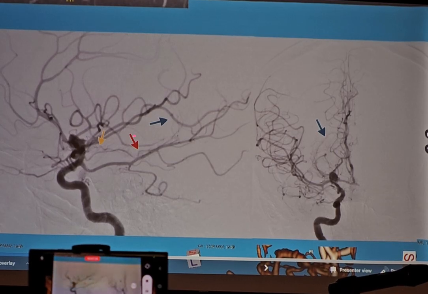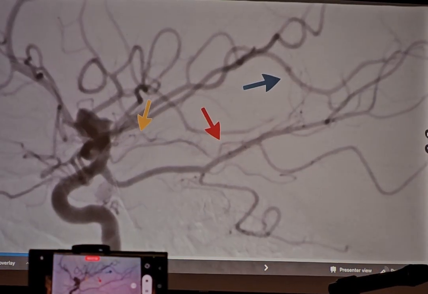The red arrow is what we call the choroidal point, where it takes this little step, the little kink where it goes into the temporal horn of the ventricle to supply the choroid plexus. And the blue arrow is pointing at the typical choroidal blush that you see in a slightly later phase of the angiogram. And if we're lucky, sometimes we can even see the little perforating vessels coming off that anterior choroidal.